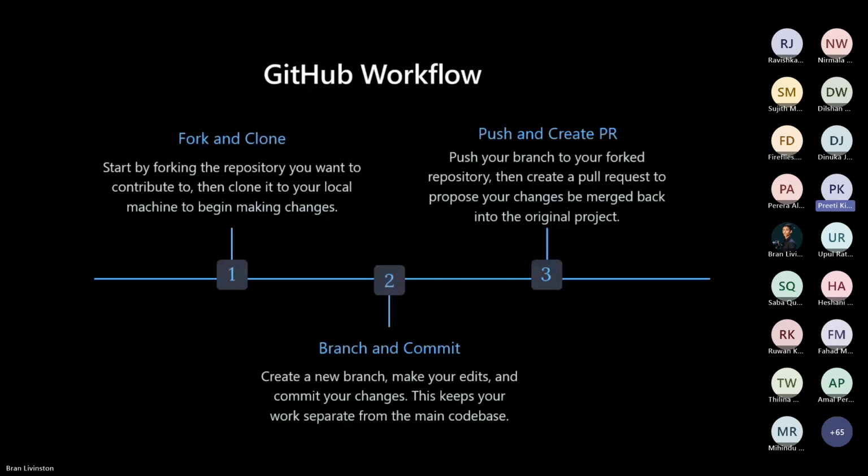And the third part is we will push our branch into the fork repository or the main repository directly, and then create a pull request. The pull request says what changes we have made, and that will be merged into the original project. So this is the overall workflow of GitHub and how open source works.